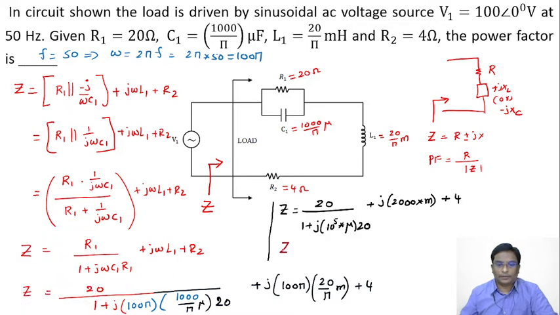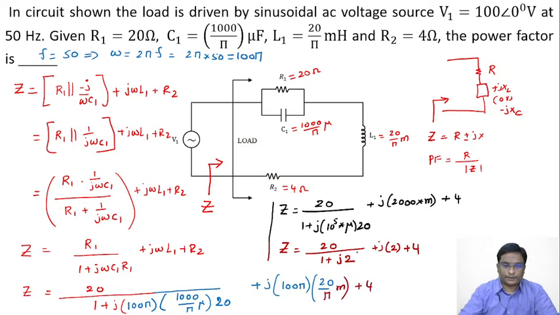Z equals 20 by 1 plus j into 10 power 5 into 20, that is 2 into 10 power 6, and 10 power 6 into 10 power minus 6 cancel each other. Plus j into 1000 into milli, which also cancel each other. This is the total impedance seen by the source.